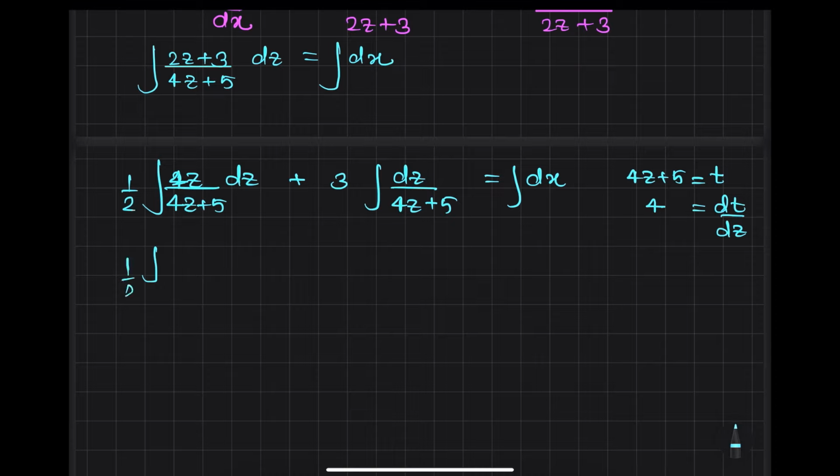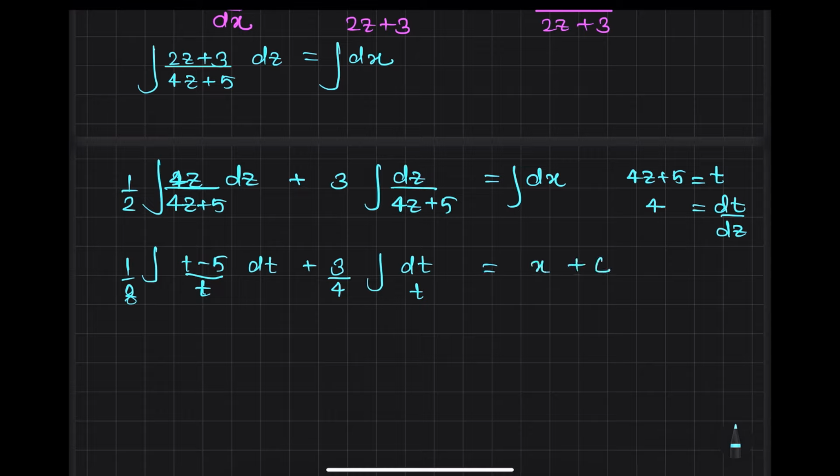So it is 1 by 2 of 4z. In place of 4z, can I write t minus 5 by t, and in place of dz, can I write dt by 4? So it will become 1 by 8. Now plus, we consider this as 3, then in place of dz I write dt by 4, t, equals x plus c.